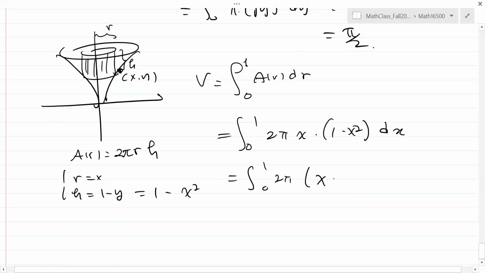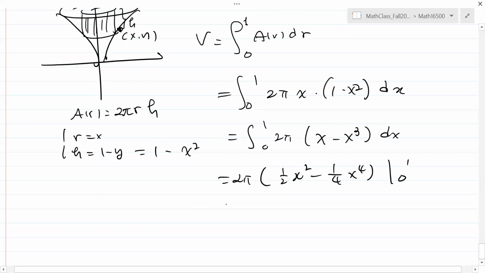So x minus x cubed dx. So the antiderivative is half of x squared, quarter of x to the 4th power. And after evaluating, 1/2 minus 1/4 gives pi over 2. Okay, so same answer.